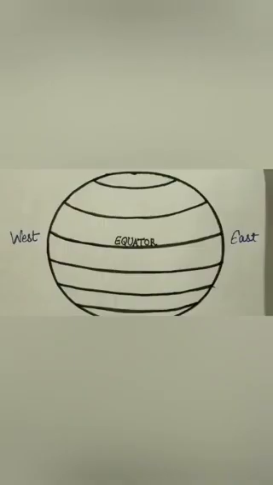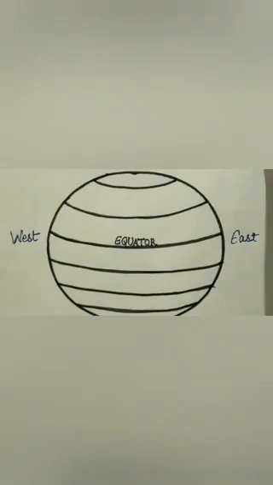In today's video you are going to learn what latitudes are, as well as the features of latitudes. So now if you look closely at the figure, you will find several lines running from east to west. What are these lines? Are they really found on earth?